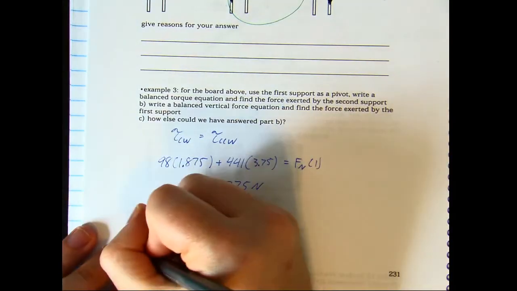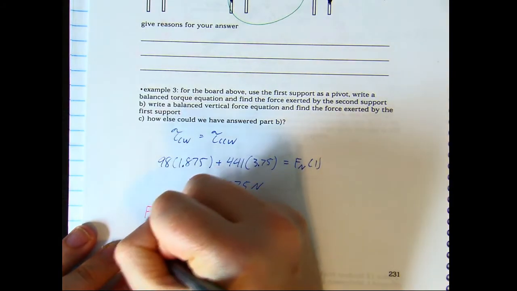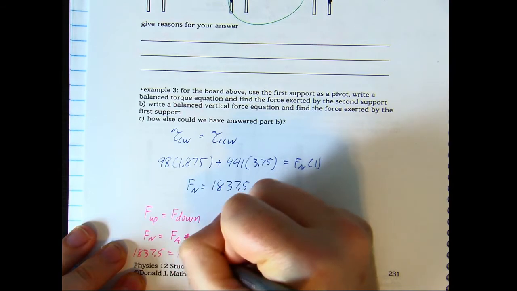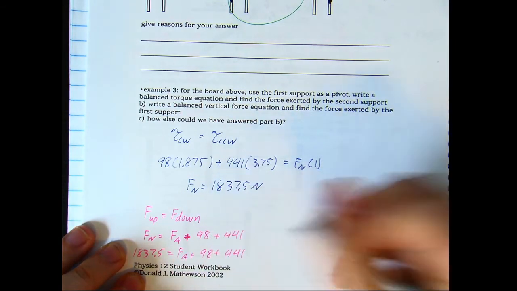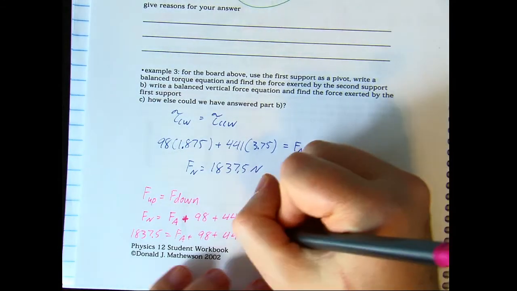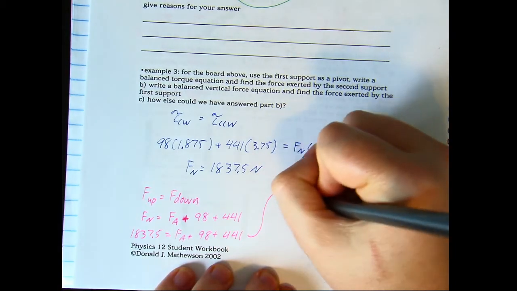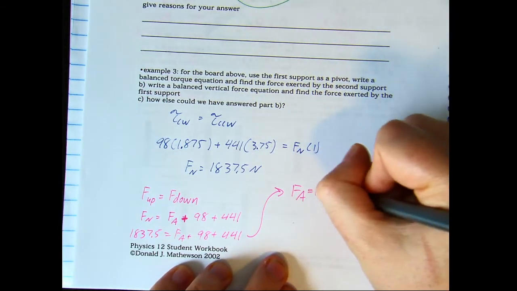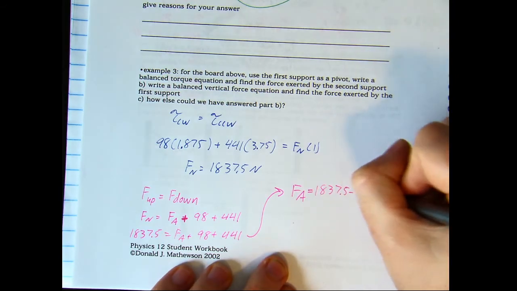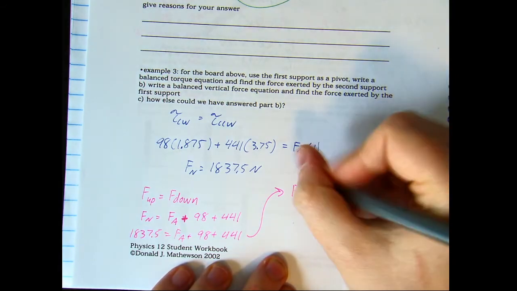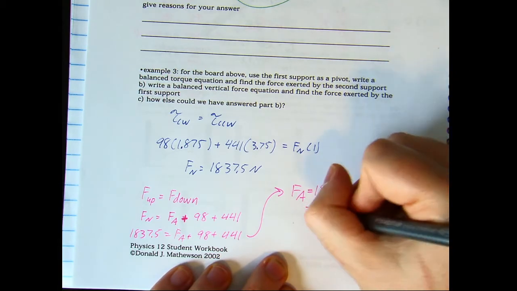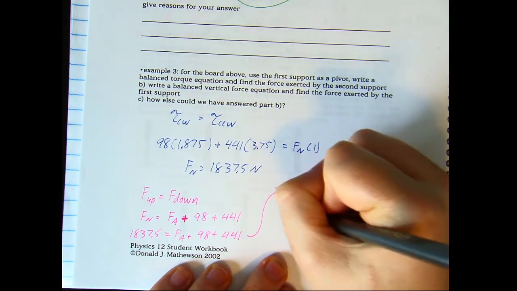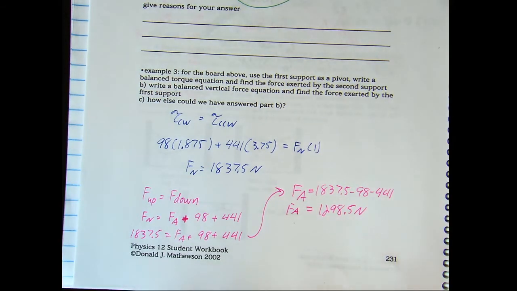We know what it is. It's 1837.5, so that's going to equal Fa plus 98 plus 441. So the F applied from that first support is going to be 1837.5 minus 98 minus 441. So that's going to give us 1298.5 newtons.